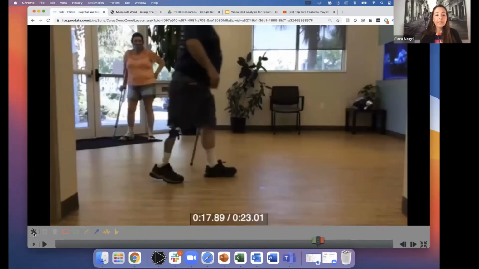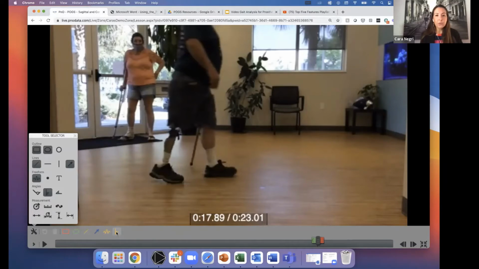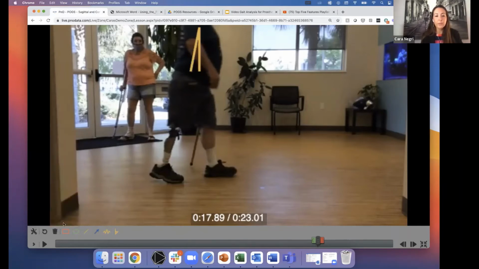It's tempting to use this vertical tool again, but because he does have a little bit of flexion, we want to account for that. So I will draw a line from his shoulder to his hip, and I'll extend that all the way down.